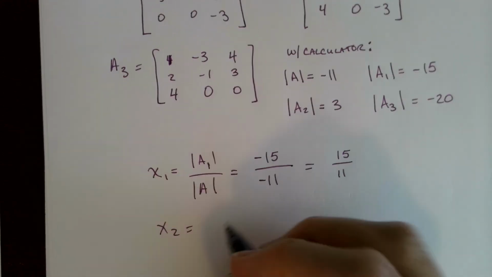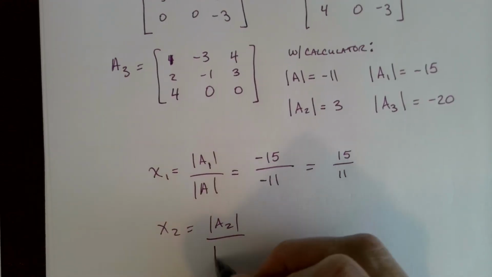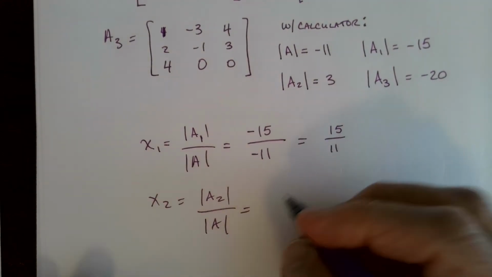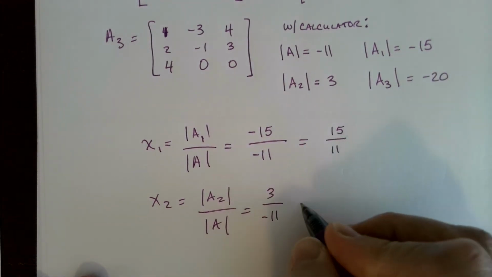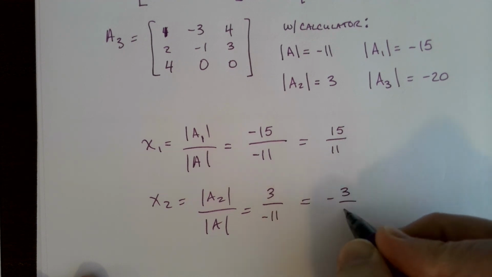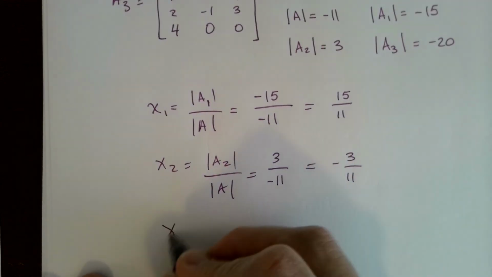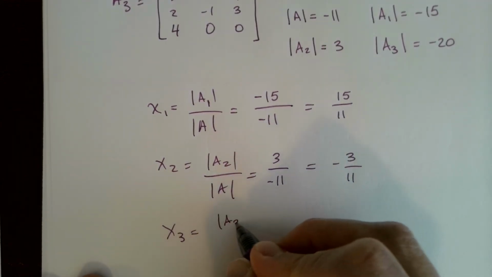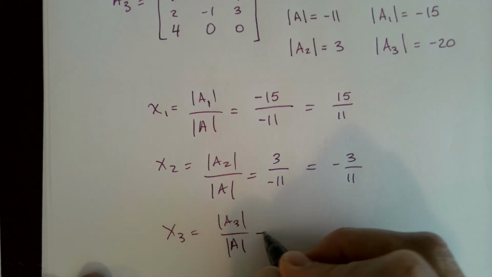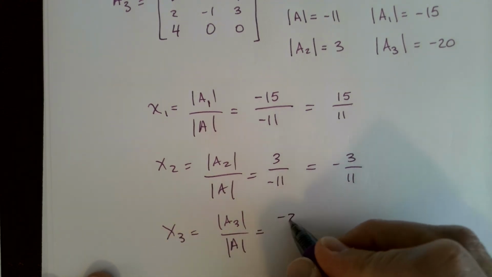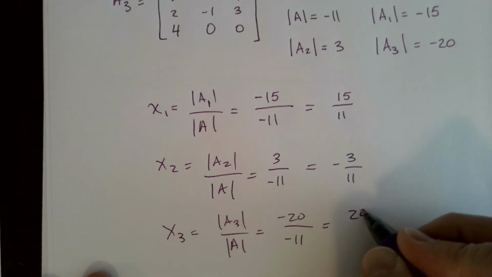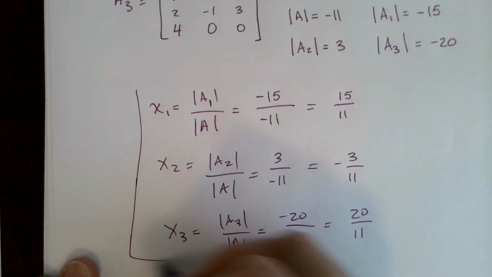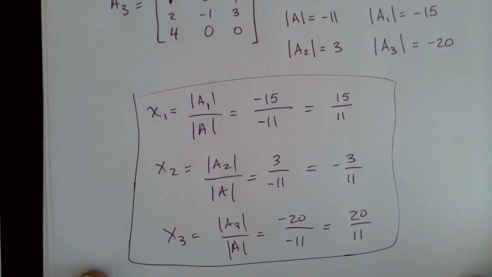X sub 2, we'll just finish this out: 3 divided by negative 11, so that's negative 3/11. And finally, x sub 3 is equal to negative 20 divided by negative 11, or positive 20/11. And so there's our solution, and that's how it works.